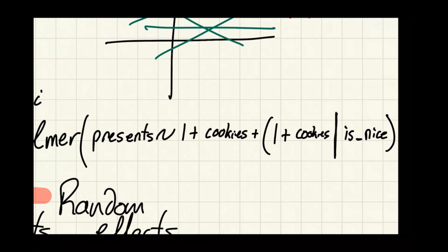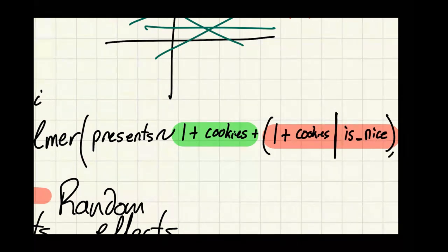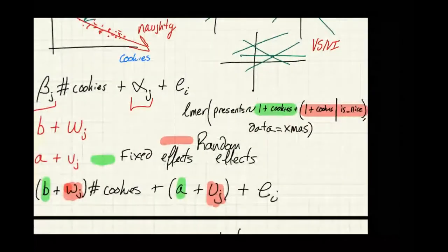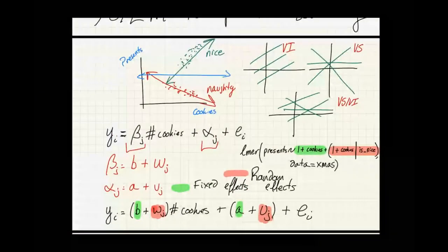So using our terms from before, this is the random, and that is the fixed. And then you're going to have data is equal to Xmas. Okay? So that's the varying intercept, varying slope form.